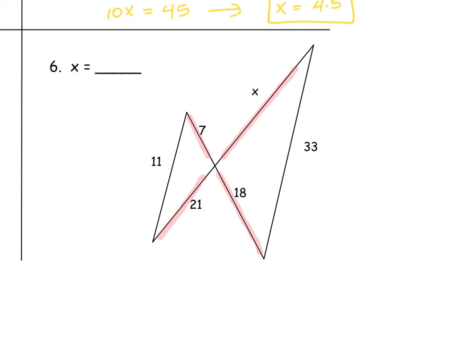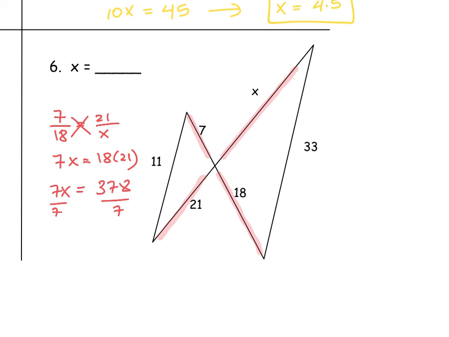So again, 7 over 18 is equal to 21 over x. So 7x is equal to 18 times 21, which is 378 equals 7x. Now to solve for x, you divide both sides by 7. So x is equal to 54.